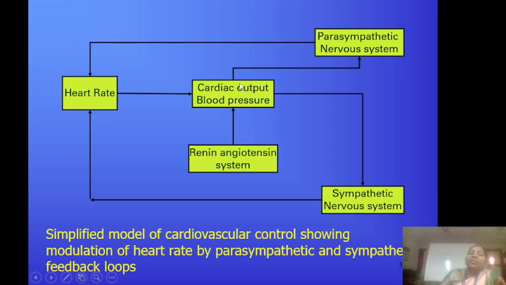Then the parasympathetic nervous system is responsible for bringing the heart rate to a normal state. So it is like a feedback loop. The sympathetic and parasympathetic nervous systems control the heart rate, hence it is given in a feedback loop like this.